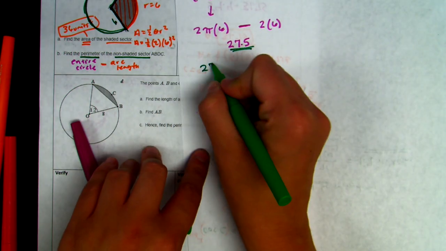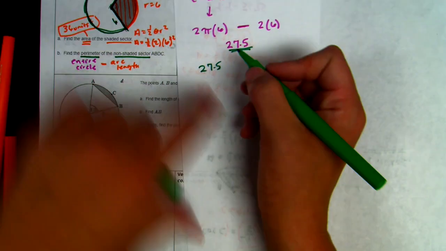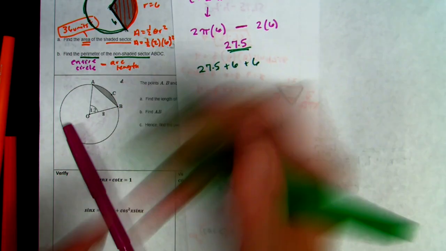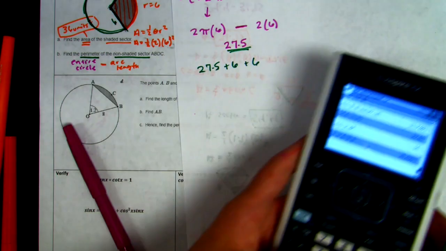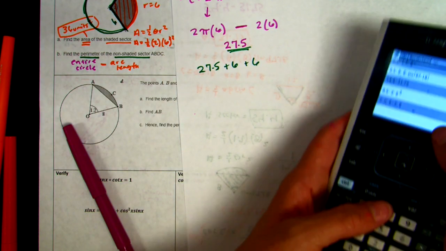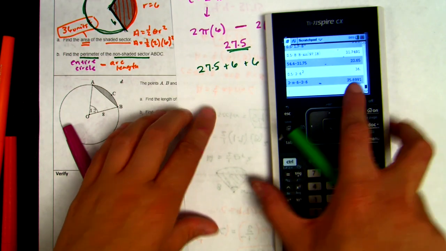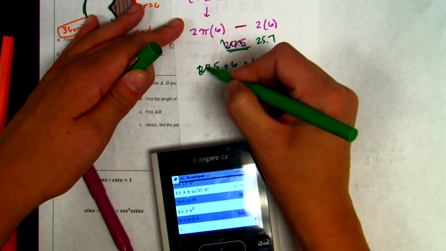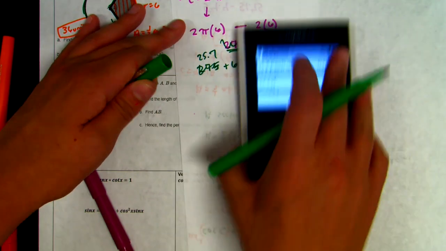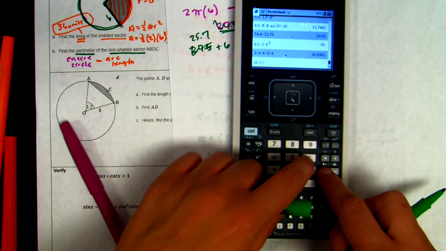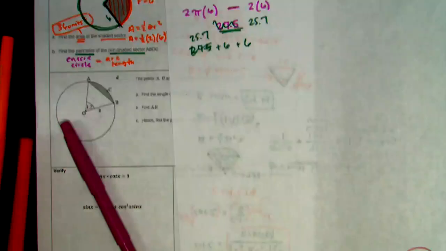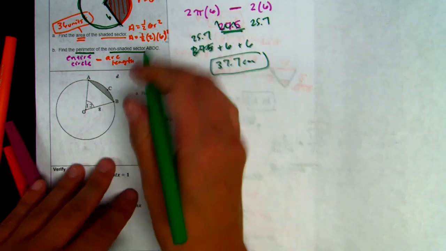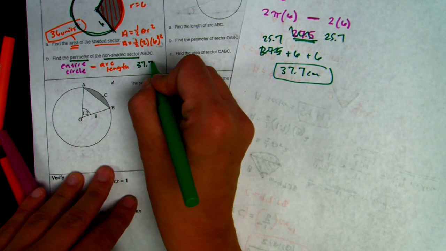Oh, sorry, I switched these numbers around. This is 25.7, my bad. So 25.7 plus 6 plus 6 gives me 37.7 centimeters for the perimeter of the non-shaded section.